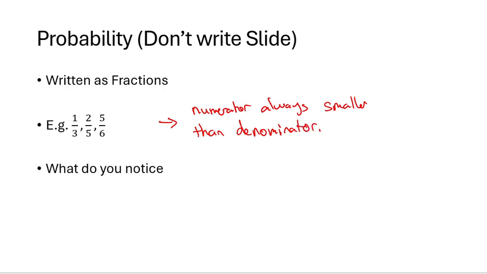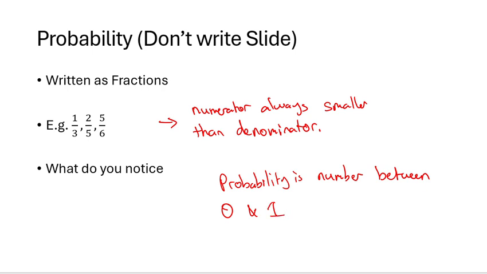Okay, that's all it is. And that satisfies the condition of probability being a number between 0 and 1. Okay, it satisfies that condition right there.